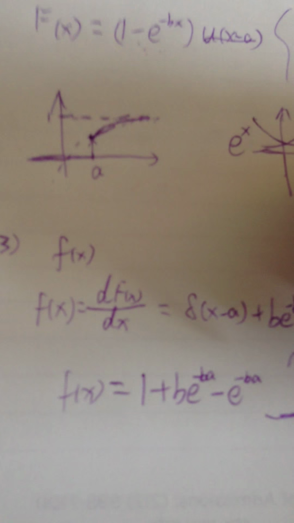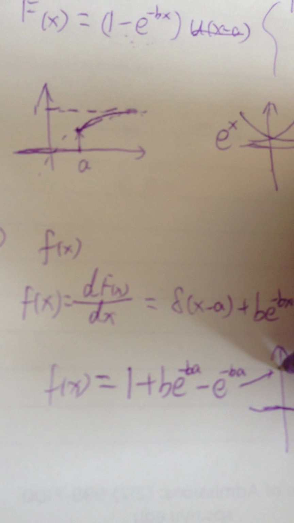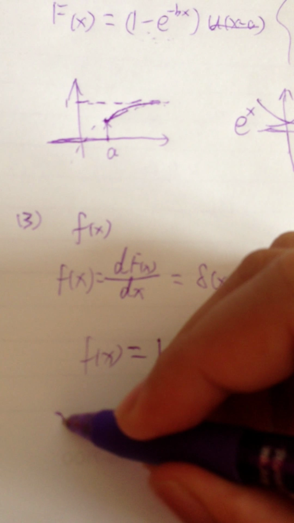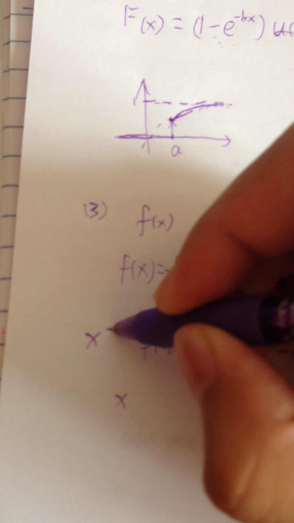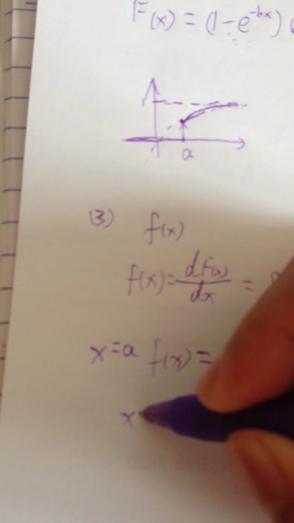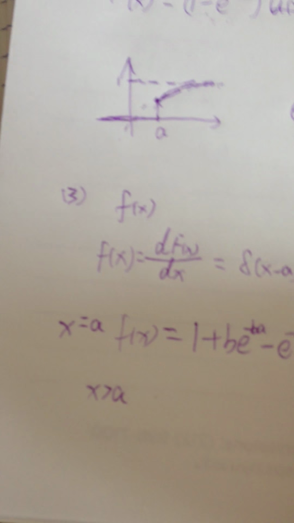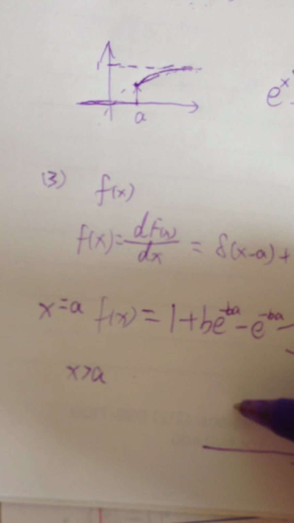So let's put it here. And when x is larger than a, it's just like the second part. We have the plot like this.